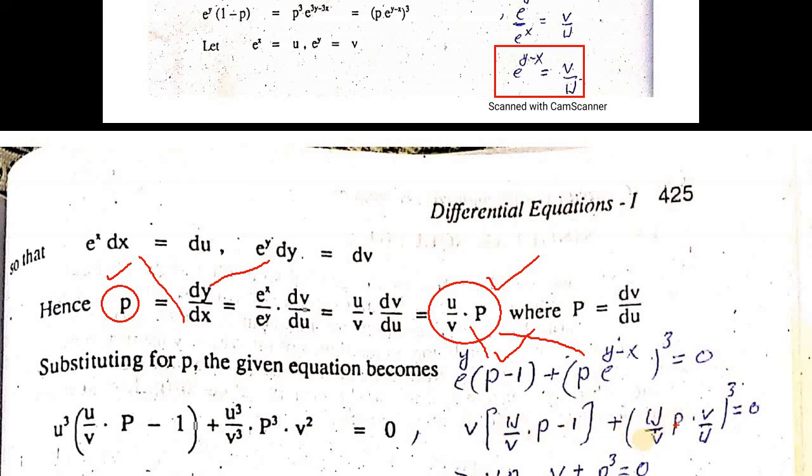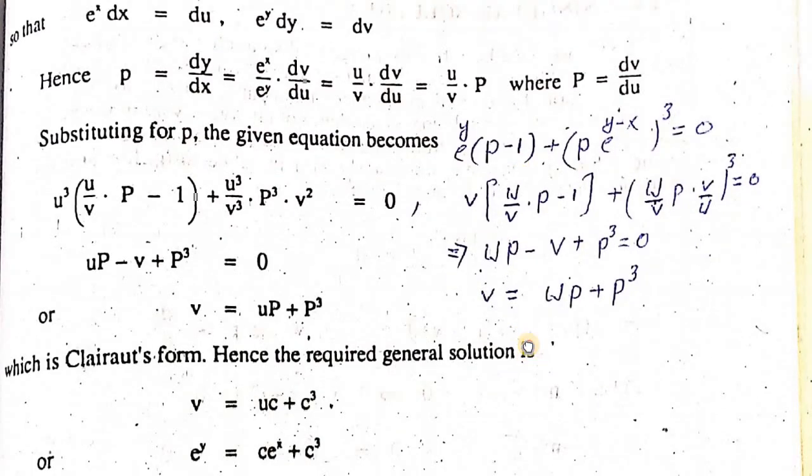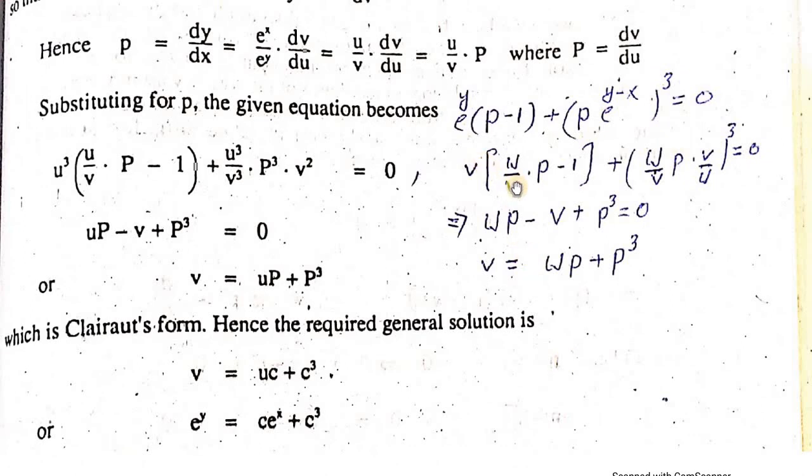Now simplifying, taking this v inside, this v and this v will be cancelled, and this v into minus 1 will be equal to minus v. This v and this v will be cancelled, this v will be multiplied here, so this will be v. Similarly, this and this both will cancel each other, p power 3 will be here.